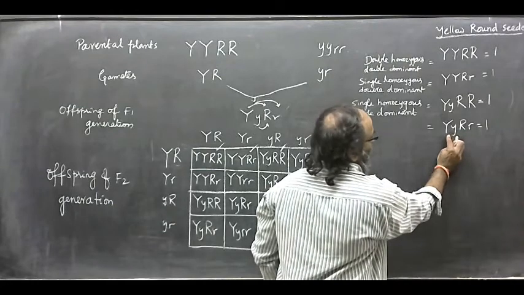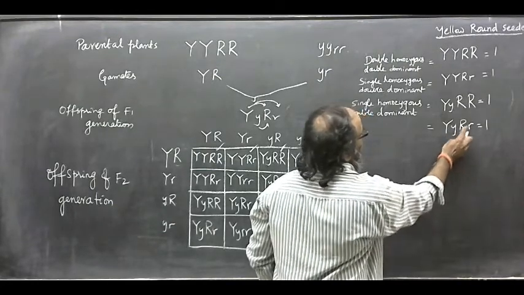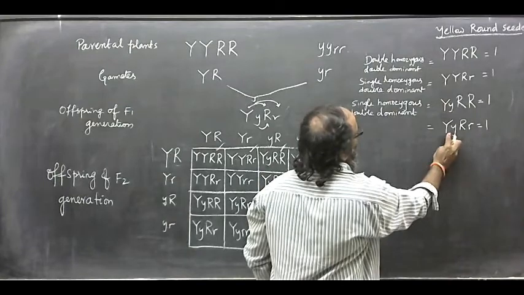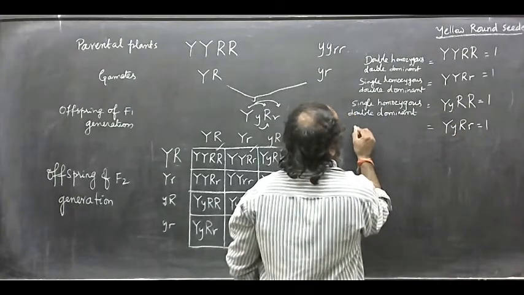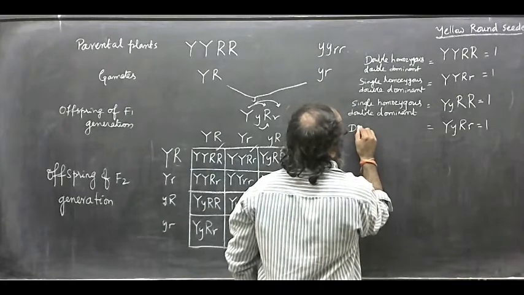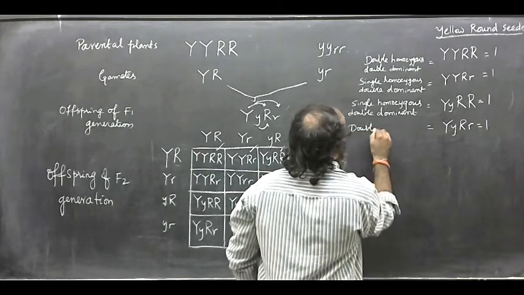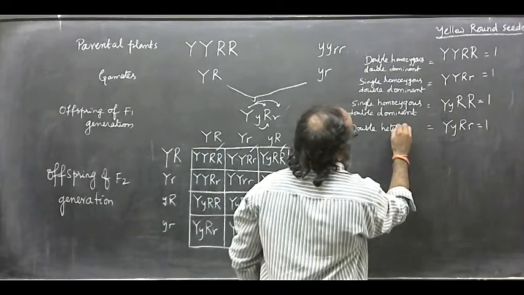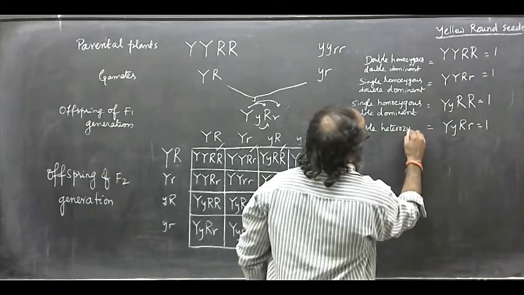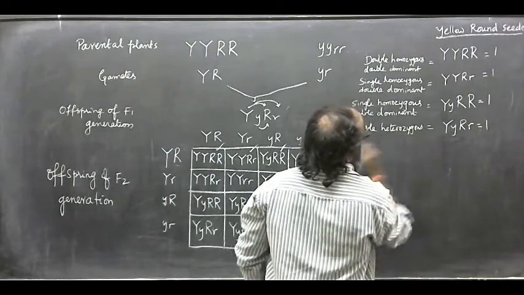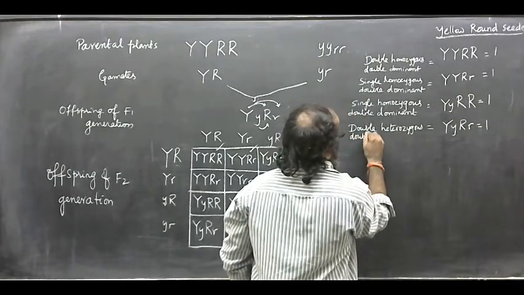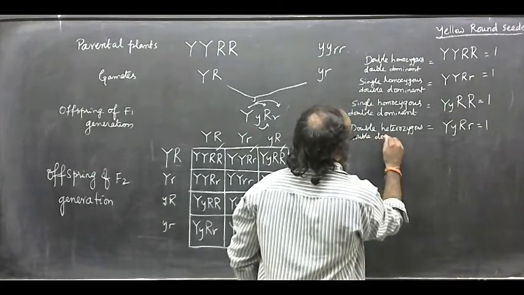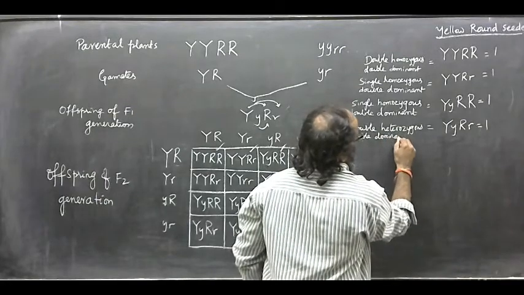Of course, yellow is dominant, round is also dominant. Double dominant and double heterozygous. Therefore, it is double heterozygous, double dominant.